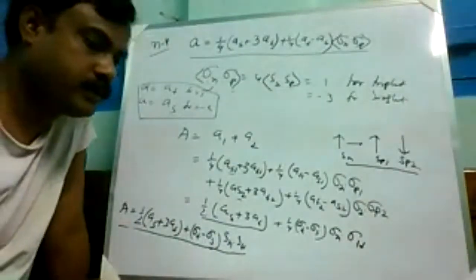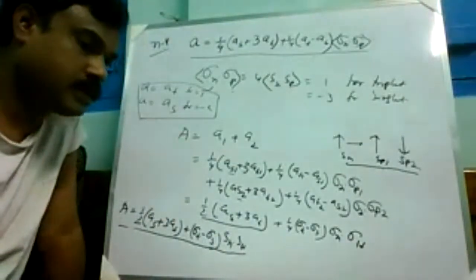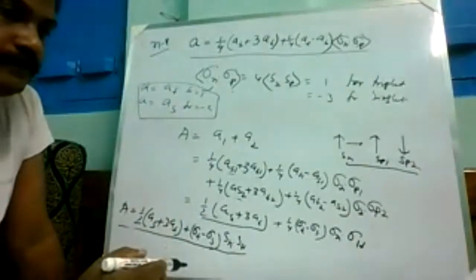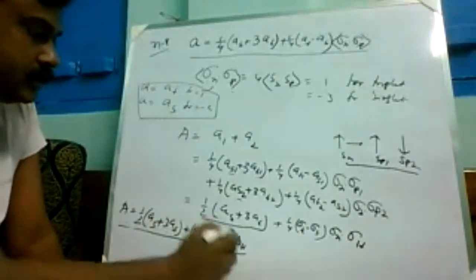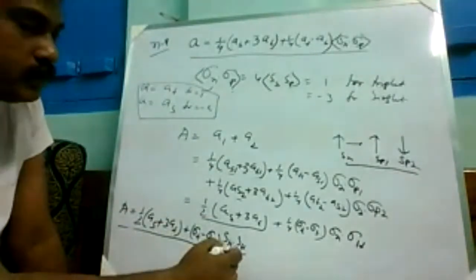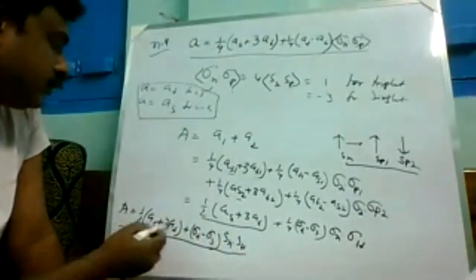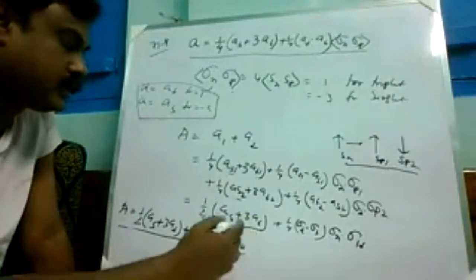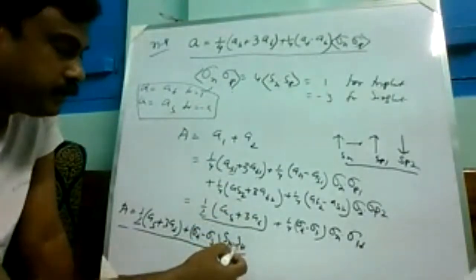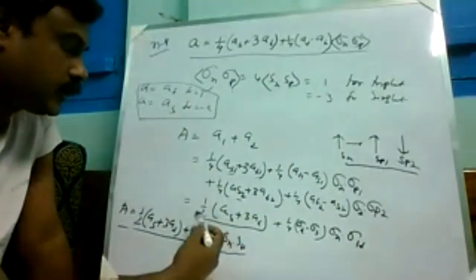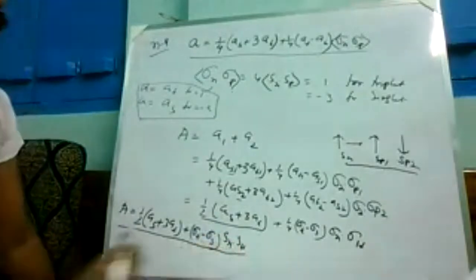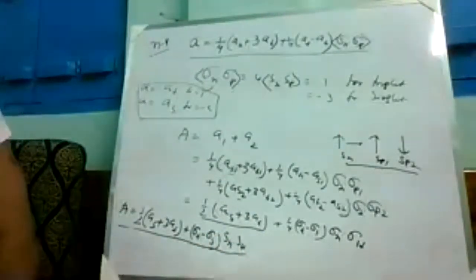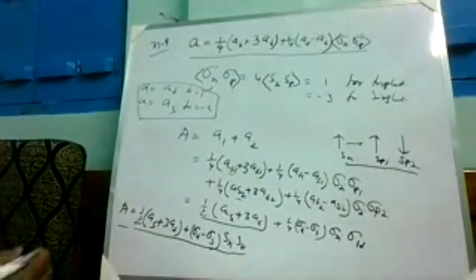Now what do we have to find? We have to find the differential scattering cross section. Now you can see that for the paramolecule, SH equals 0, so A will be like this. And for the orthomolecule, S is equal to 1, so we have to calculate the average.